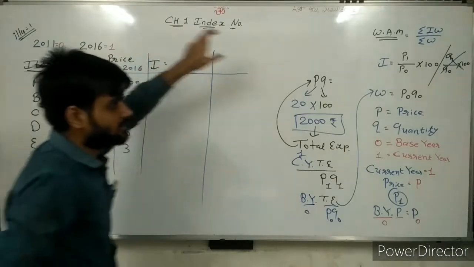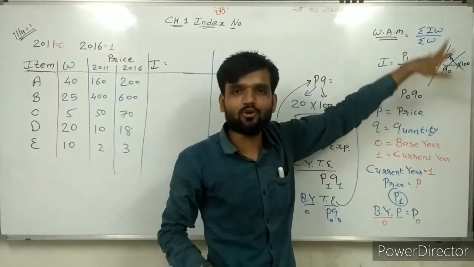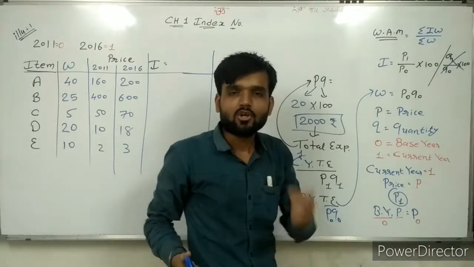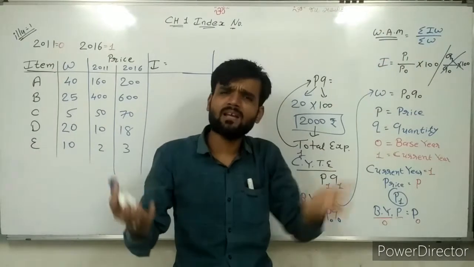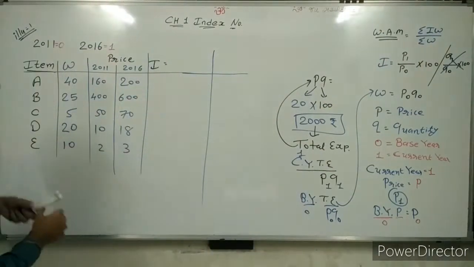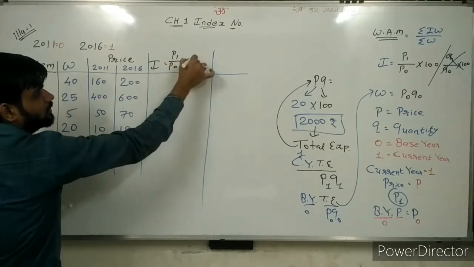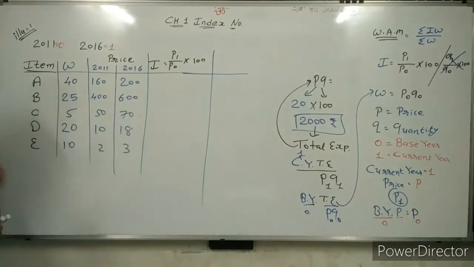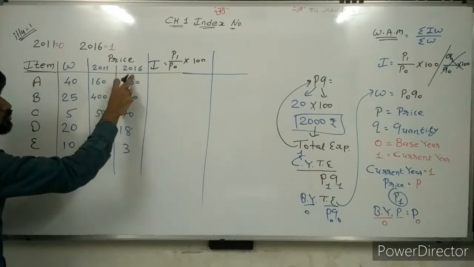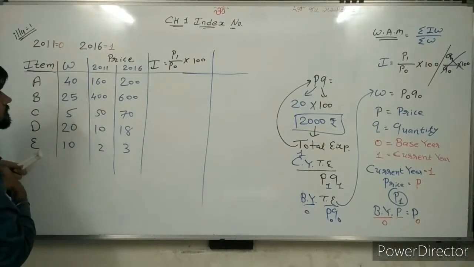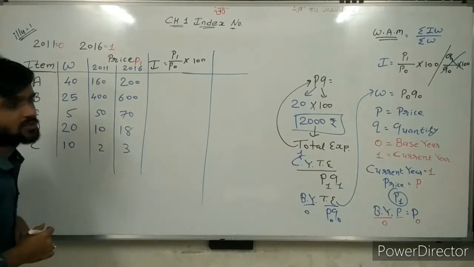So first I need I. Now what is I? Sir, I is equal to P1 upon P0 into 100. So price of the current year divided by price of the base year into 100 is my I. So here writing P1, P0, into 100. Now think, price is given for 2016, I am writing P1.